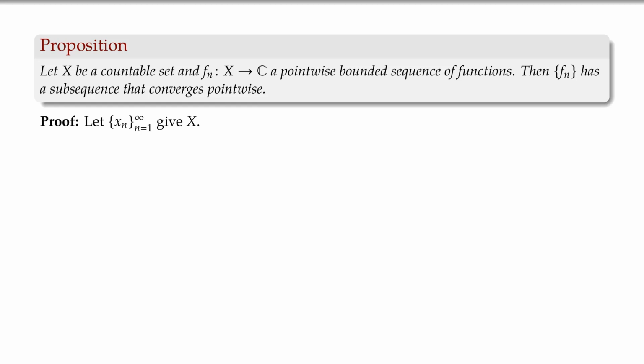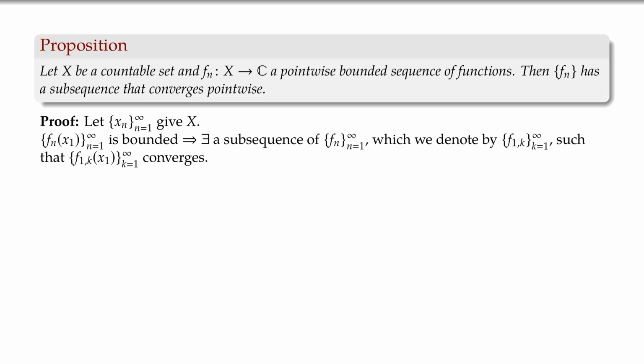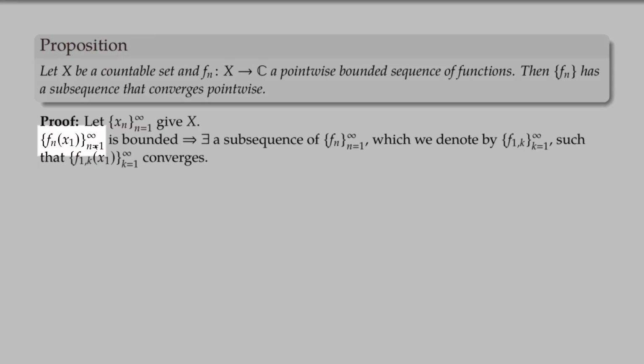Suppose we give an enumeration of X, because it's countable. Now we start with f sub n evaluated at x1. We look at this sequence, and it is bounded because this is a pointwise bounded sequence of functions.